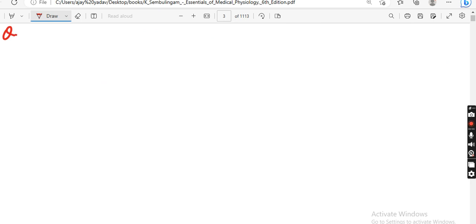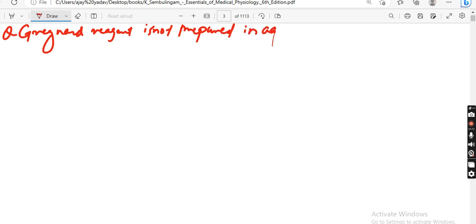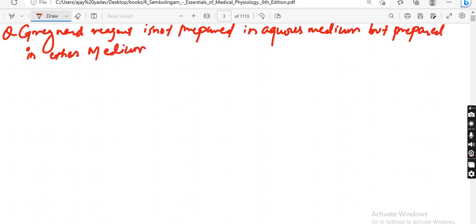Next. Grignard reagent is not prepared in the aqueous medium, but prepared in ether medium. Tell me why.